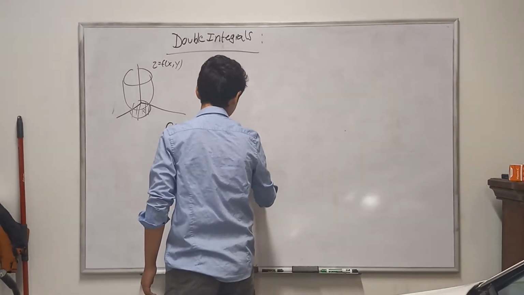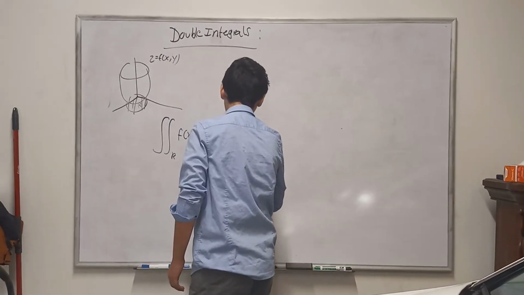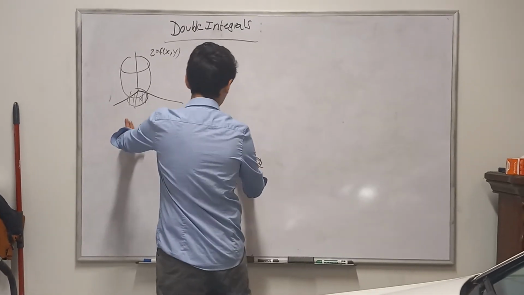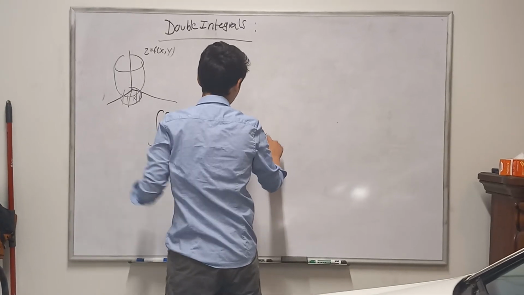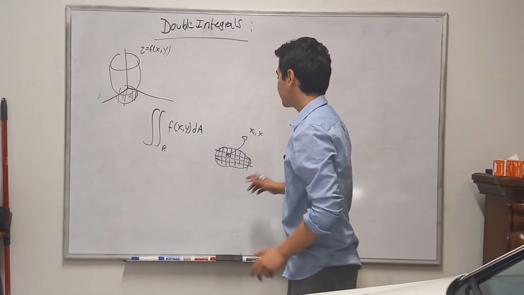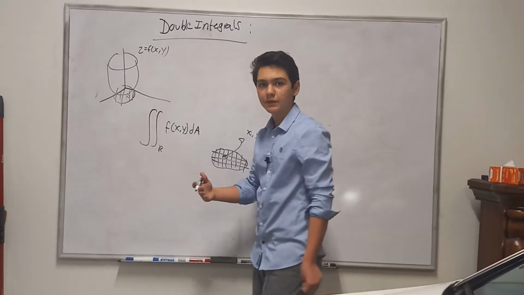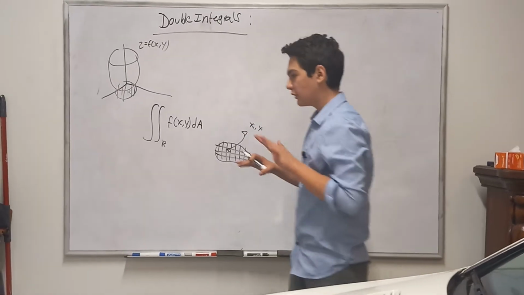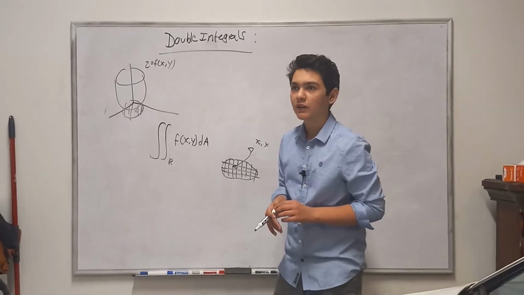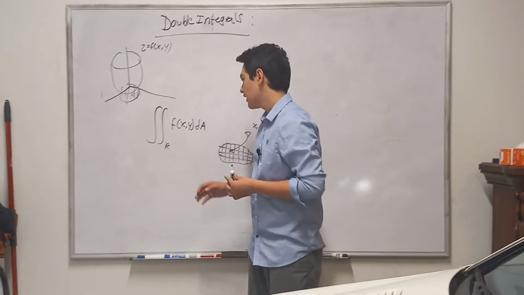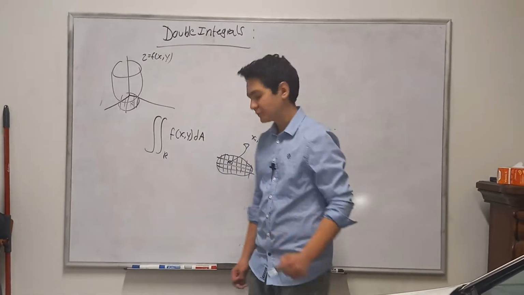So this is a piece of area in this region R. Let's say this point right here is x_i, y_i, and to actually get this, you take the sum of all these pieces, and then take the limit of it. It's a whole big process. If you want the derivation, I recommend MIT's 18.02 lecture 16, which goes through the whole derivation. But I'm here just to teach you the basics. No one wants to watch a 50-minute lecture.